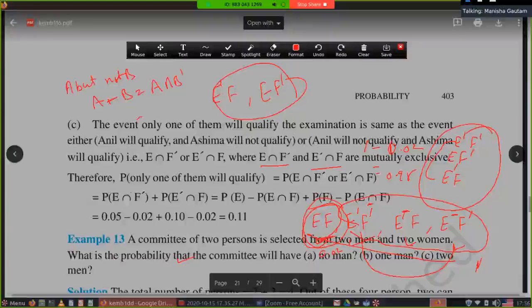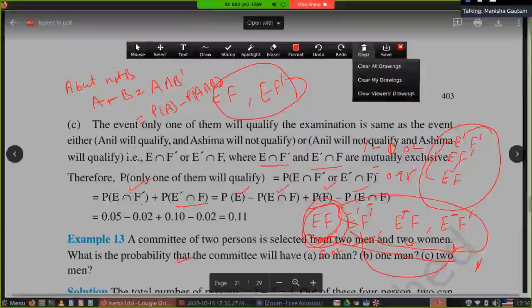The formula is: probability of, here when you talk about E intersection F naught, then probability of A minus probability of A intersection B. Here E intersection F naught is there. So probability of E minus probability of E intersection F. In this case, probability of F minus probability of F intersection E, or E intersection F, you can say.